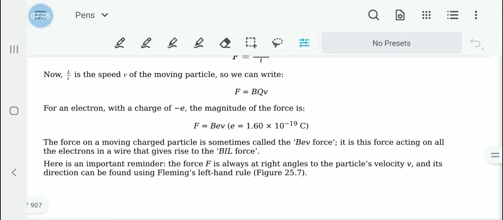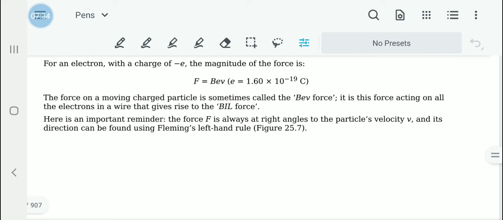When there is a force acting on all electrons, we get the BIL force. When we talk about a single particle, we call it the BEV force, because it is the charge on the single electron. But if there are more electrons, then we take it as the BIL force.